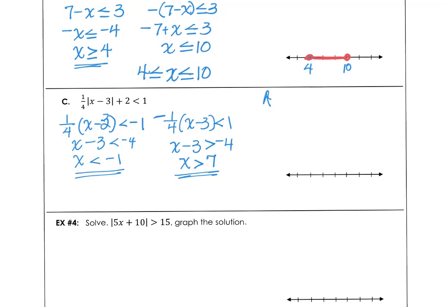We again said this is an AND statement since it's in the form absolute value of x is less than a, so we would expect a conjunction. And if this is -1 here, and we just called this one 7, x is less than 1, less than -1 goes this way, and x is greater than 7 goes this way, and we know they're supposed to overlap.